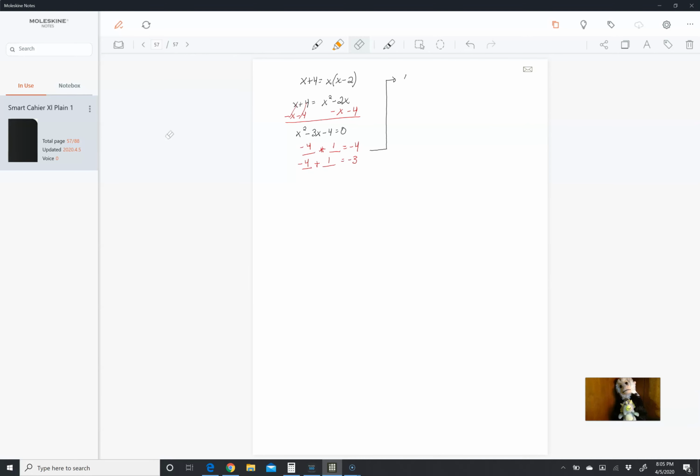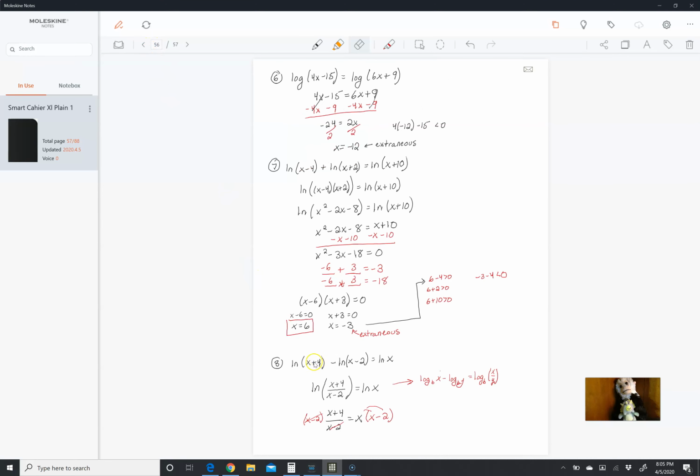So this becomes x minus 4 times x plus 1 is equal to 0. So either x equals 4 by setting x minus 4 equal to 0, or x equals -1. And we have to plug this in. We have to make sure that they're not extraneous.